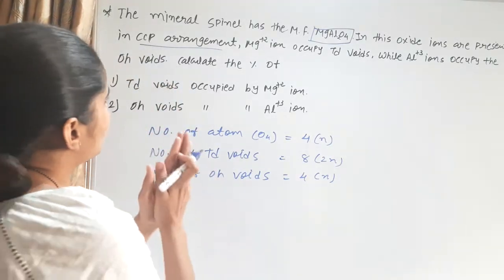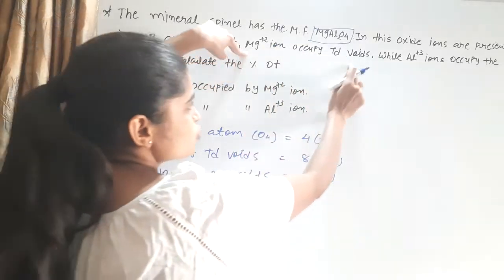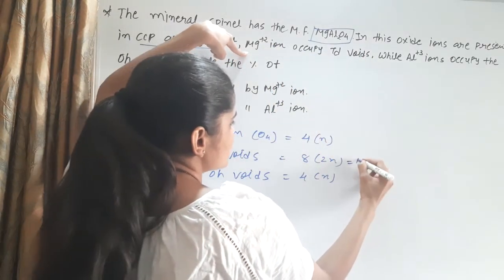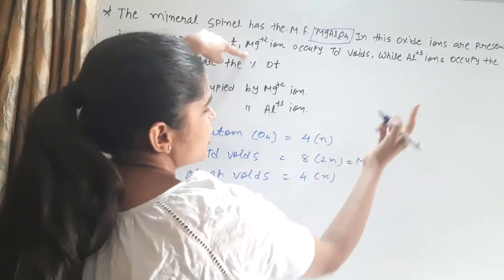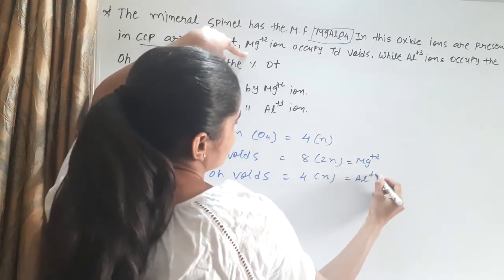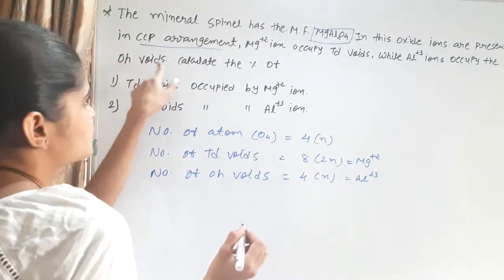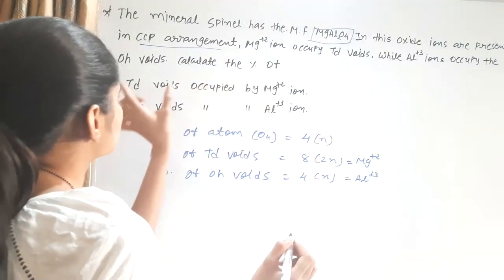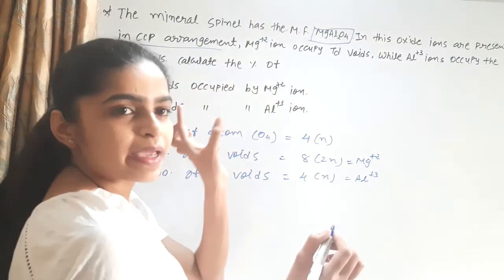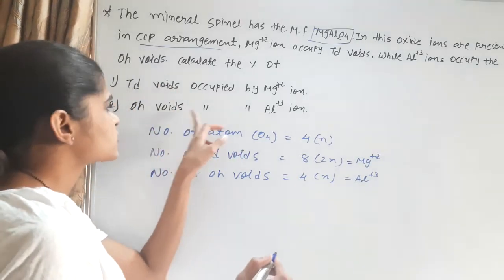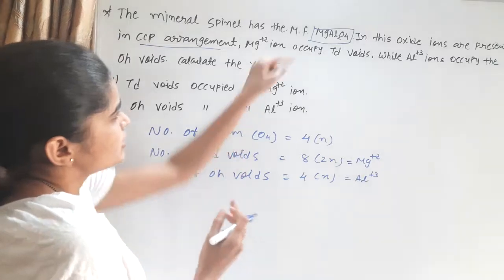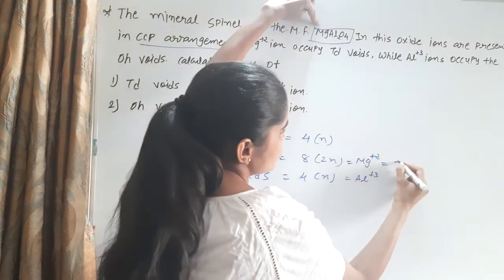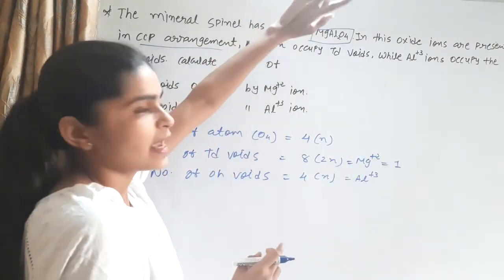Then how do we find that Mg plus 2 ions occupy tetrahedral voids while Al plus 3 ions occupy octahedral voids? Calculate the percentage of tetrahedral voids occupied by Mg plus 2 ions and octahedral voids occupied by Al plus 3 ions. In this formula, Mg is equal to 1 and Al is 2.